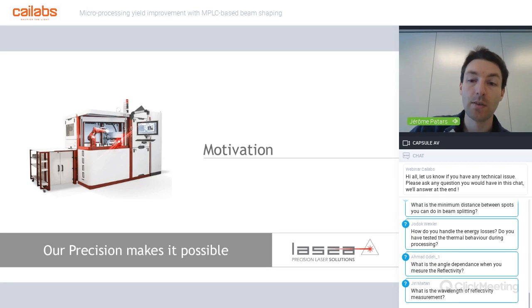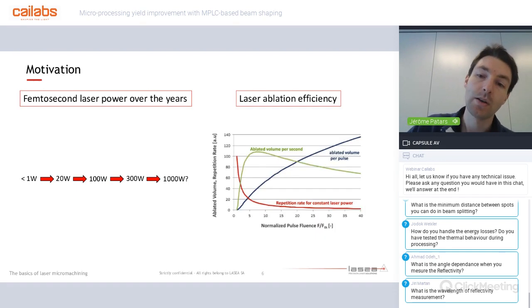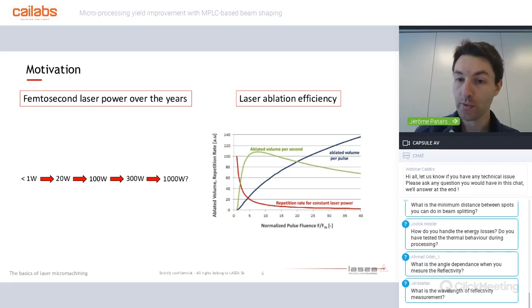In the next slide, I will now present our motivation for this study, because in the scope of a research project, we try to improve our processes and the productivity of our machines overall. And we noticed that over the years, the femtosecond laser power available on the market has been rising.